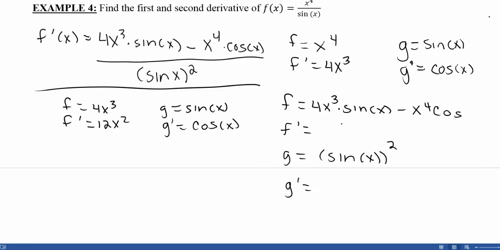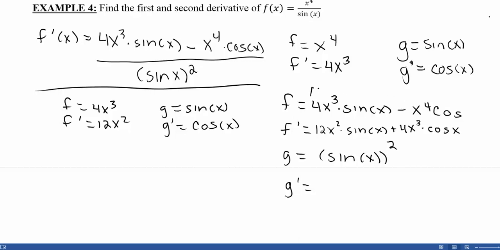So now I'm going to do f prime times g plus f times g prime. So that gives me 12x squared times sine of x plus f times g prime, which is 4x cubed times cosine x.